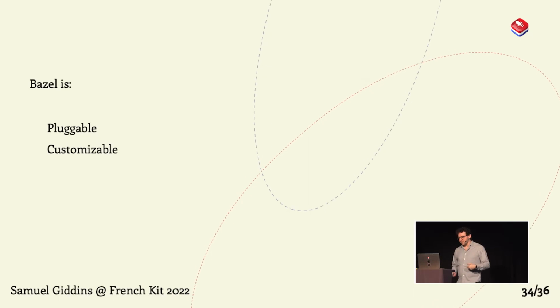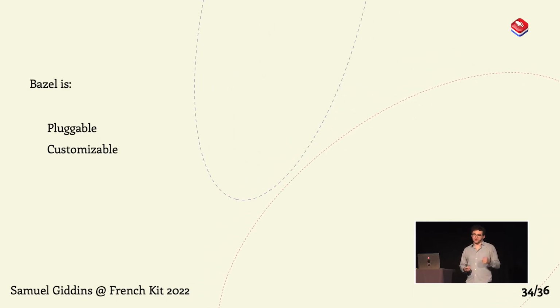There's really no great way to tell Xcode, here's how you build an Android application, here are all the steps you have to take. Bazel is also customizable in that you can say, actually, when you're building an iOS app, I want you to go through all these extra steps instead. Every time you build an iOS app, make sure you do dead code stripping or something like that.